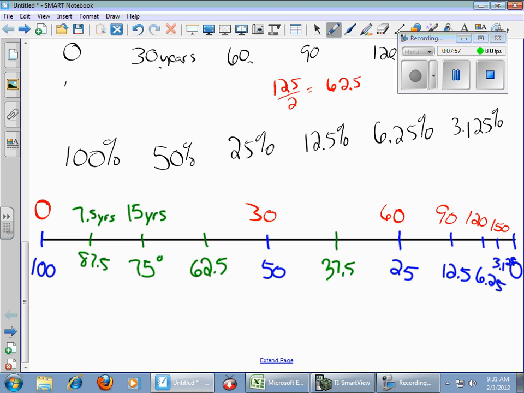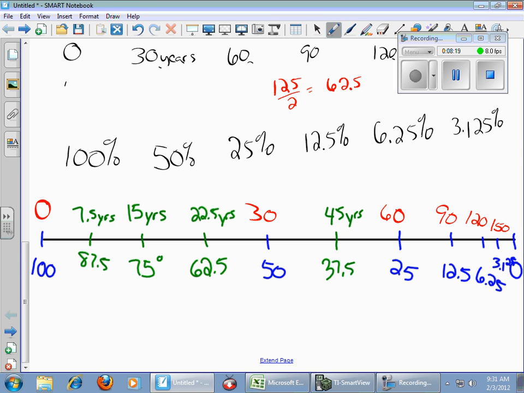Okay. The midway point between 15 and 30, well, 45 cut in half would be 22.5 years. And see, narrowing it down this way, I can give a better estimate. Halfway here, I think, would be 45 years. Okay. And like I said, I'm not going to cut those down anymore.